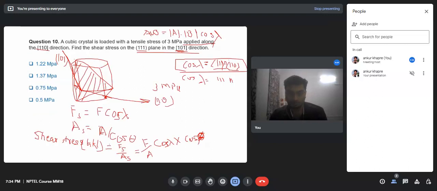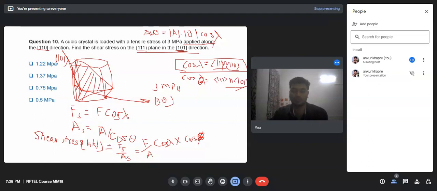So here, we can calculate this cos lambda using this plane and this direction of applied tensile stress, and cos theta we can calculate using the 1 1 1 plane and 1 0 1, the direction in which we have to calculate the shear stress.